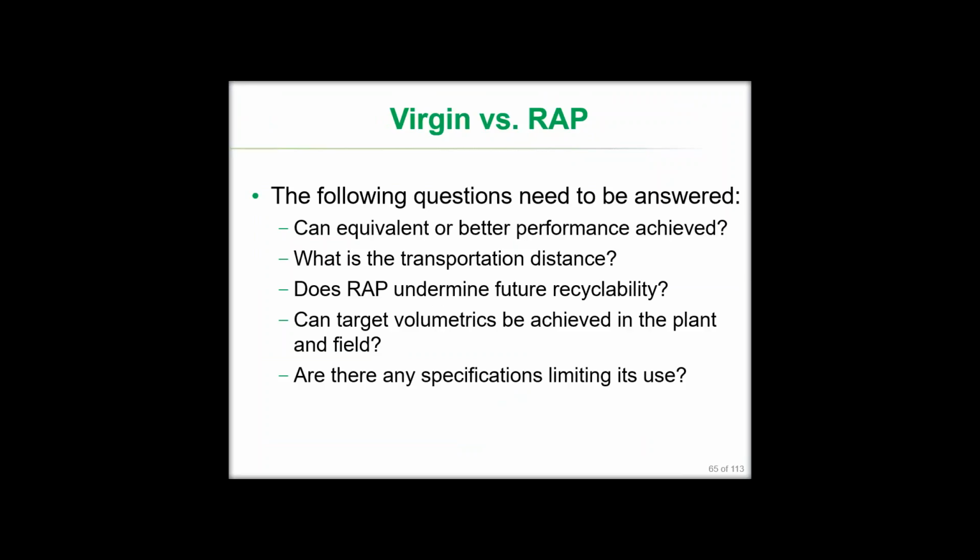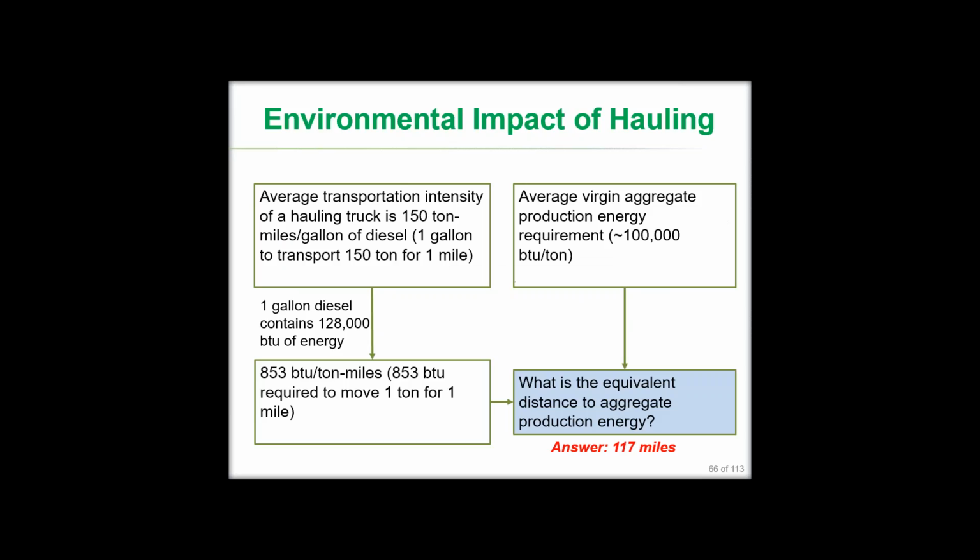And does RAP undermine future recyclability? And can we achieve similar target volumetrics and field density in the plant and in the field while we are using higher percentages of RAP? And finally, are there any agency specifications limiting the use of RAP? Those are some of the questions that we often ask ourselves to determine when to use virgin or when to use RAP in our applications.